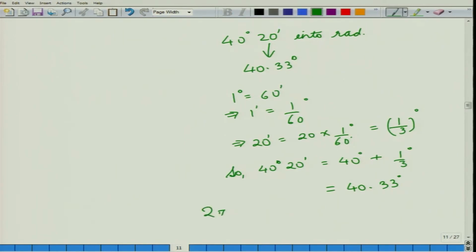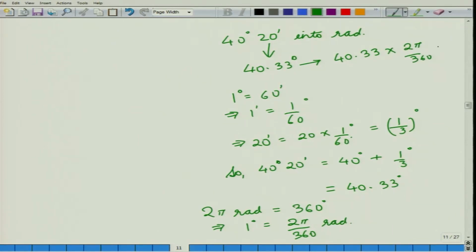Now, we know that 2 pi radians is equal to 360 degrees. So, 1 degree is equal to 2 pi upon 360 radian. So, 40.33 degrees will be equal to 40.33 into 2 pi upon 360 radians, which is equal to 0.224 pi radians, or 0.703 radian.